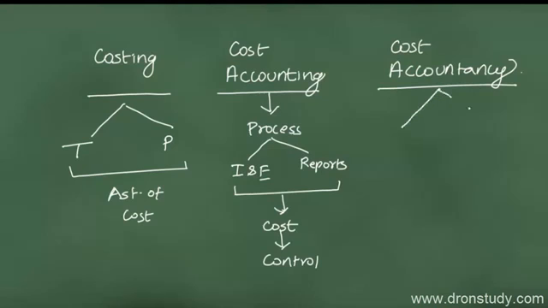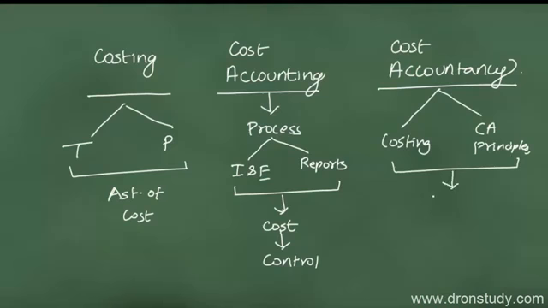Cost accountancy is nothing but application of costing and cost accounting principles, and there are various methods and techniques. So it is nothing but application of costing and cost accounting principles, methods and techniques for ascertaining the cost and also for ascertaining the profitability.